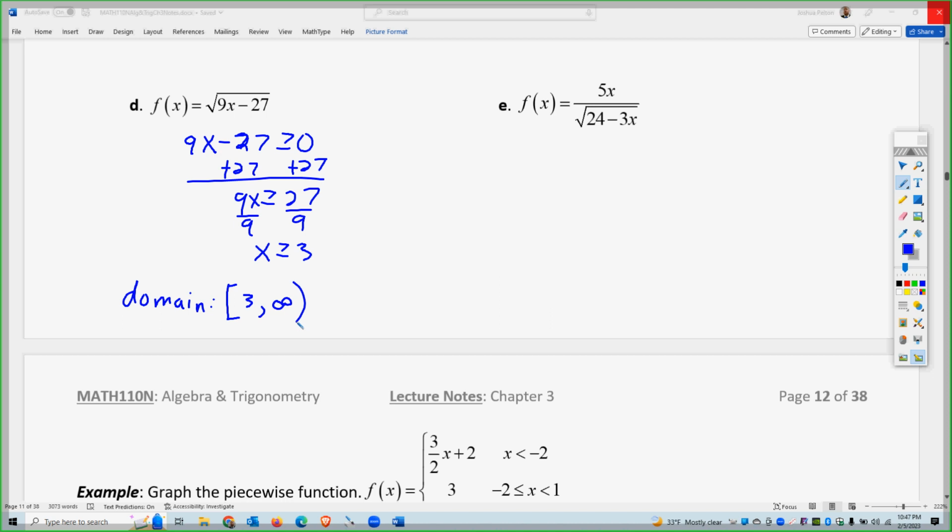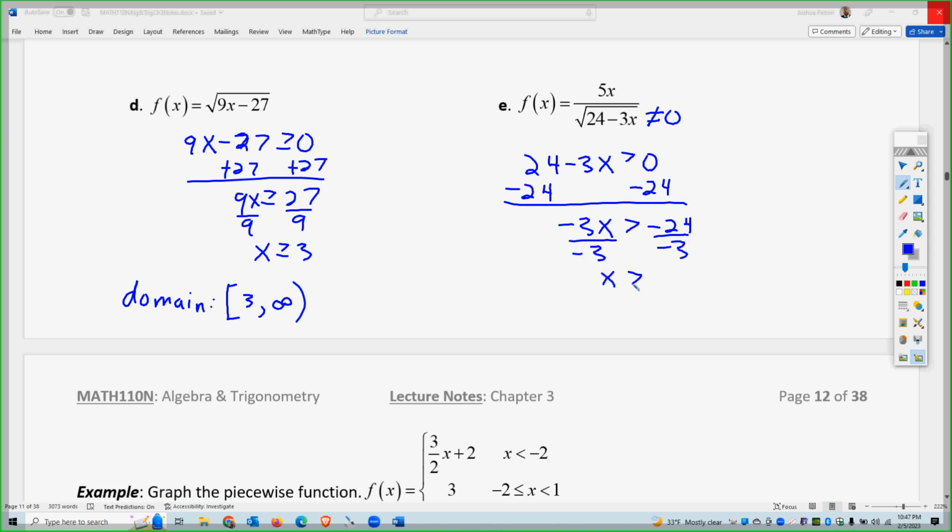Okay, so here's the problem. 24 minus 3x must also be greater than or equal to 0, but this is the denominator, which cannot be 0, so you have to get rid of the equals part. I'm going to subtract 24, so negative 3x is greater than negative 24, and I'll divide by negative 3.